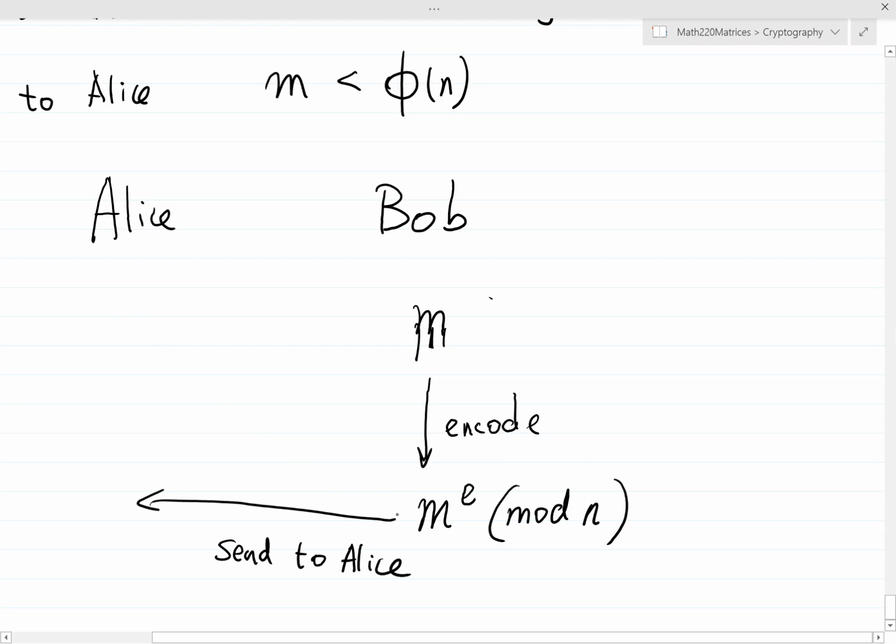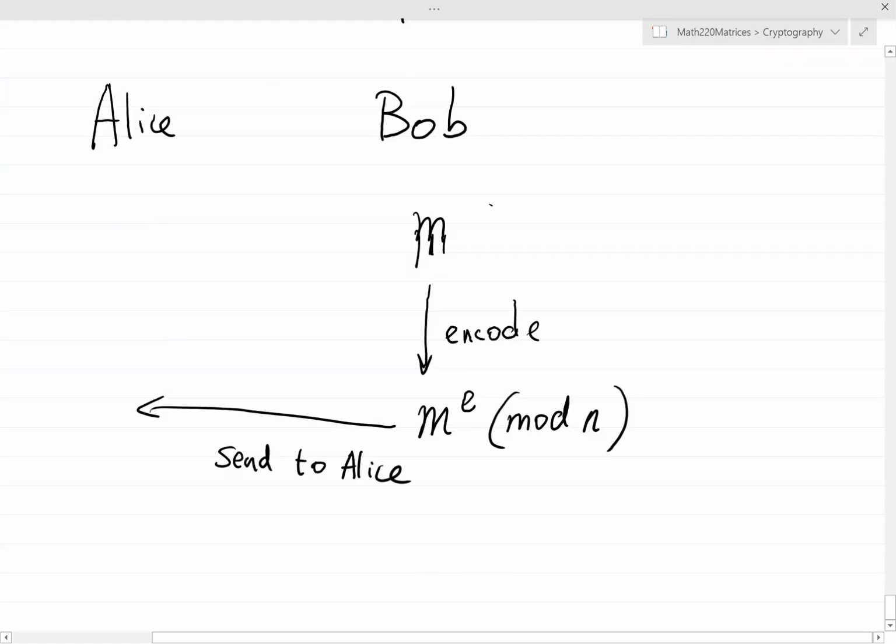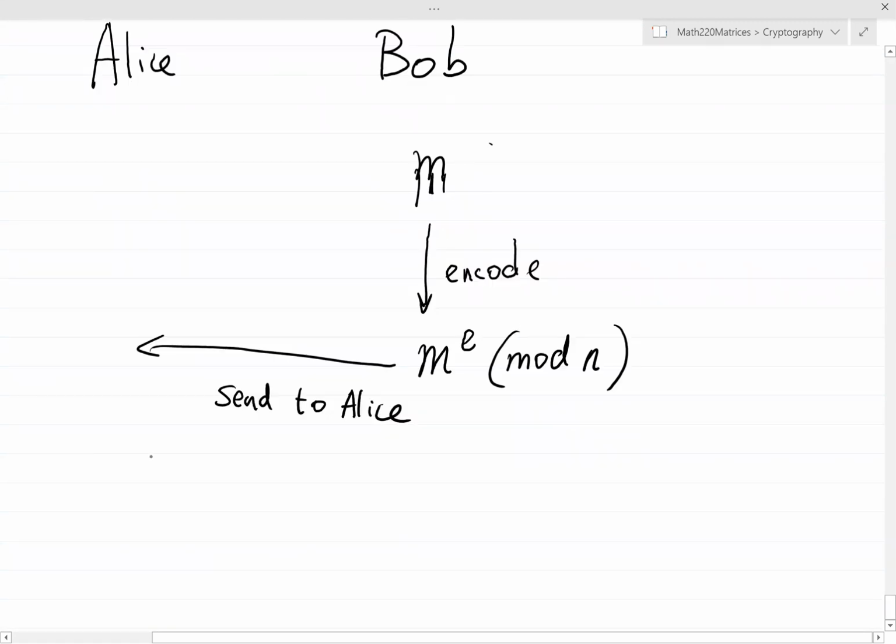Now Alice can recover this message. Suppose this number is received by Alice, let's say R for received.